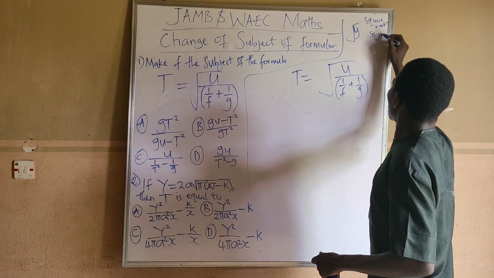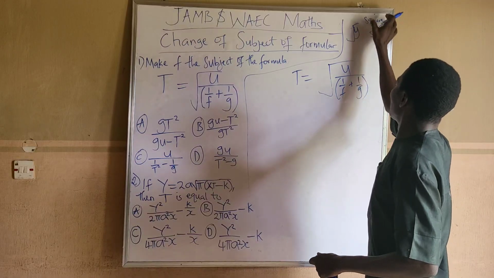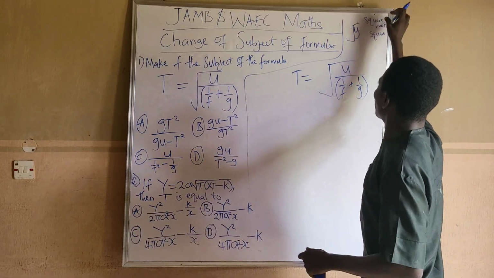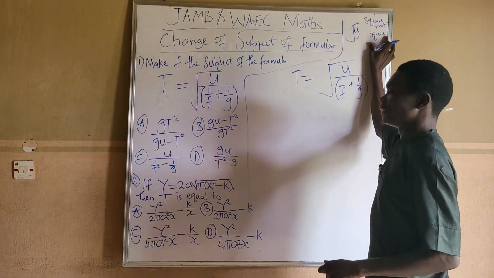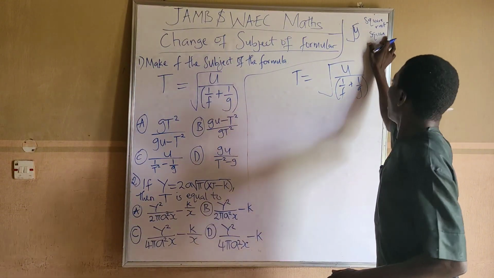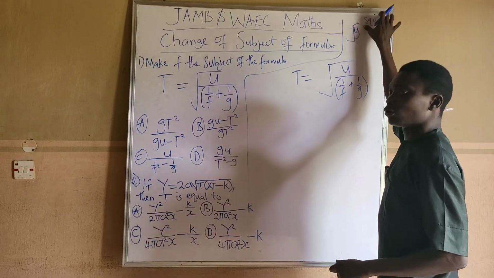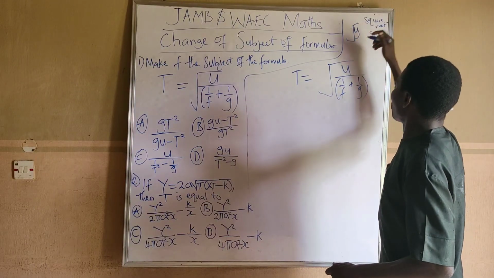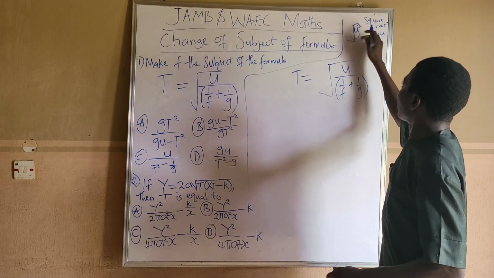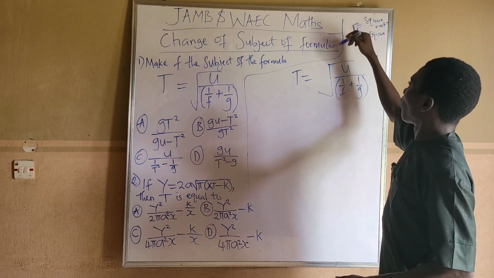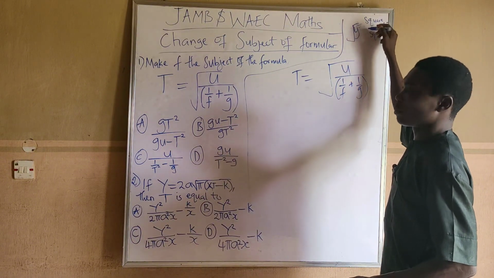Square. And if you want to cancel square, you use what? Square root. Wherever you come across square root and you want to cancel it, just square it. And wherever you come across square and you want to cancel it, just take the square root of both sides. For example, the square root of y, for you to cancel it, just square both sides.